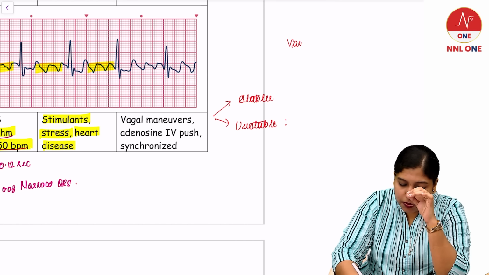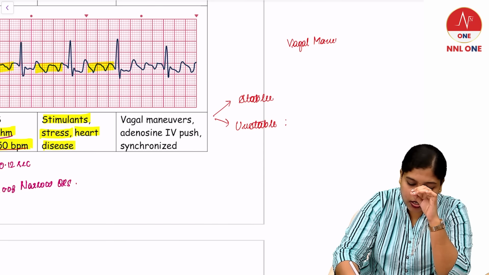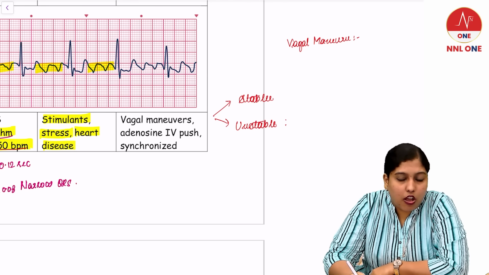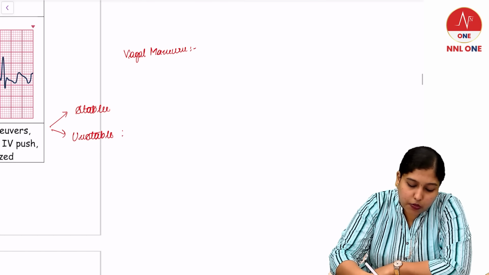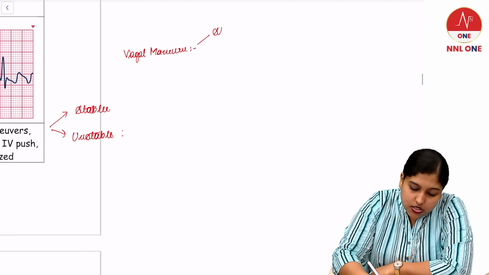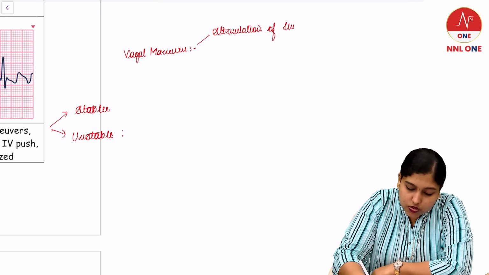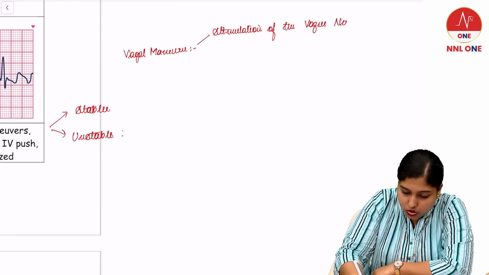So what does it mean by vagal maneuver? That is the most important component you have to learn here. Vagal maneuver is nothing but stimulation of the vagus nerve, as you all know.